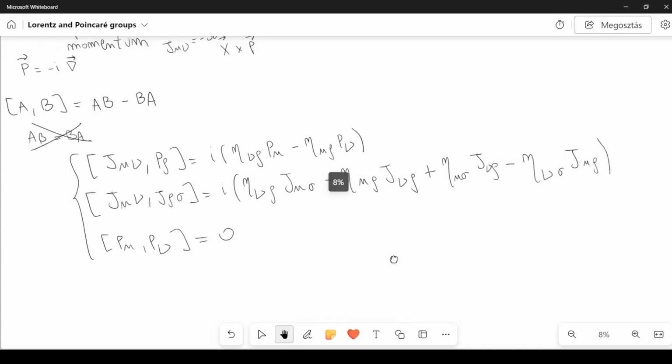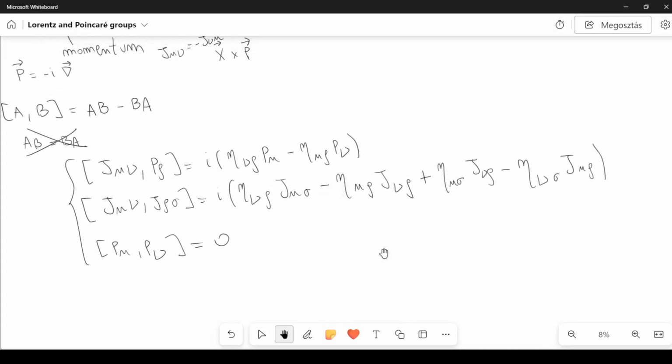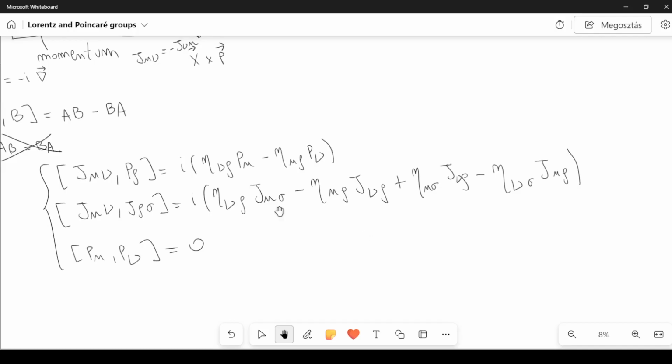These are really important commutation relations because they describe our group. By means of infinitesimal transformations, we were able to write down these commutation relations where P^μ is the generator of Poincaré transformations, whereas J^{μν} is the generator of Lorentz transformations.